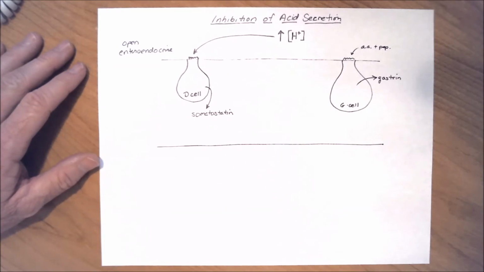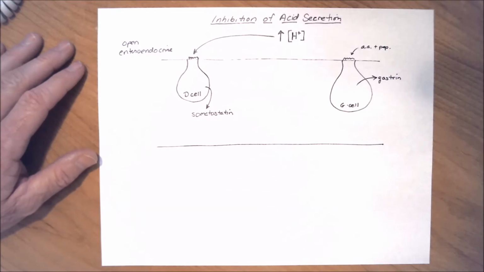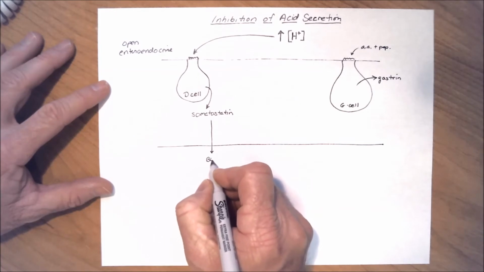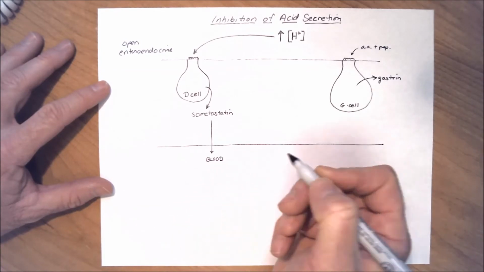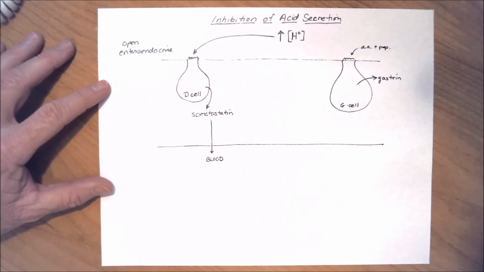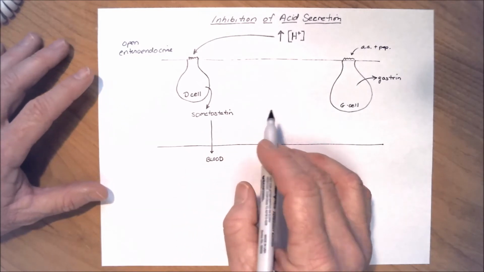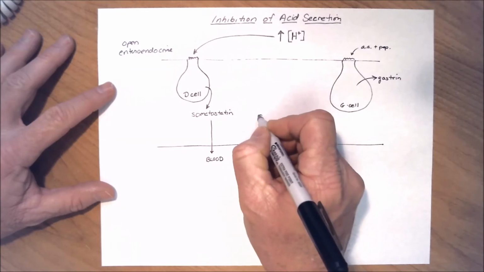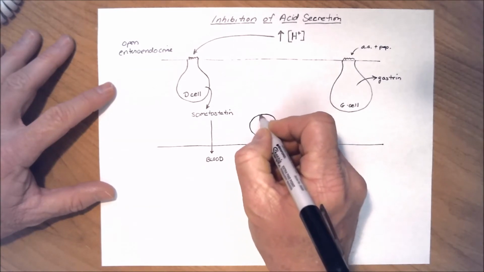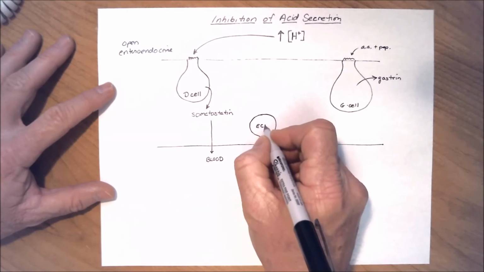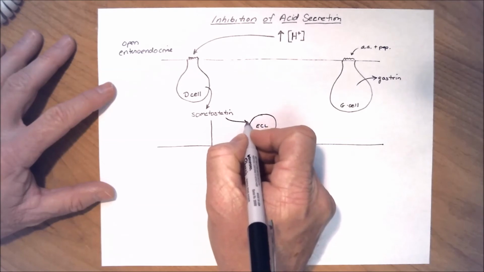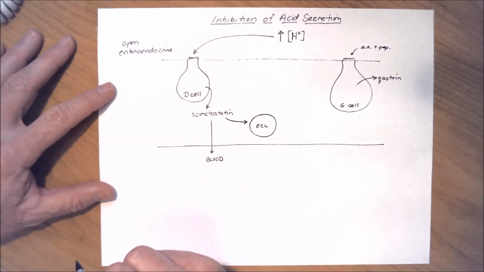Somatostatin is now the hormone that is responsible for inhibition. Somatostatin will enter the blood. It'll also have paracrine effects so that it will be able to stimulate the localized environment. And in this case, it will bind to the somatostatin receptor on ECL cells in a paracrine-like fashion.